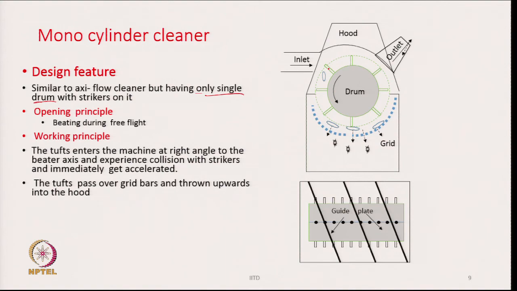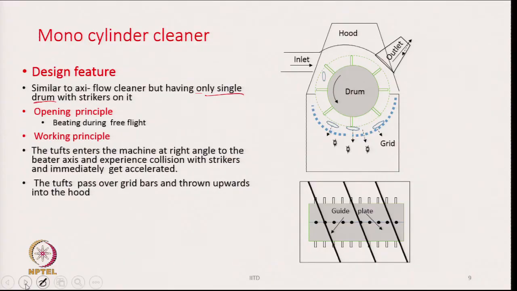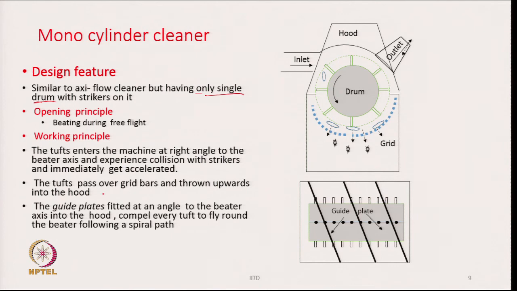So, they will be subjected to high centrifugal force, not only the tuft but also the trash particles. Trash particles will be ejected from the tuft and fall down, whereas some tufts will also be rubbed against the sharp edges of the grid bars. The tufts will pass over the grid bars and be thrown upwards into the hood.